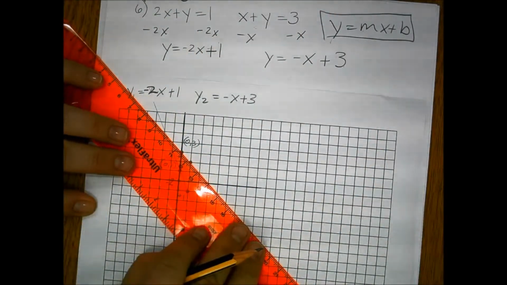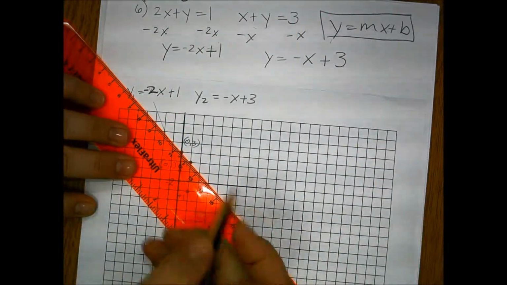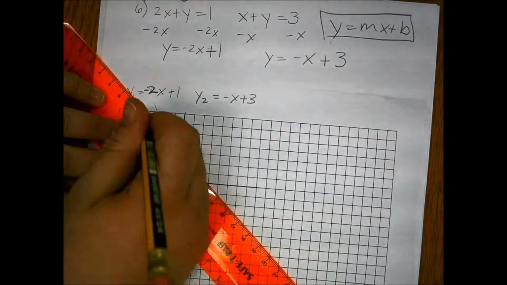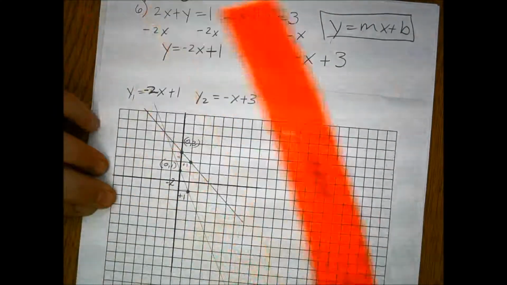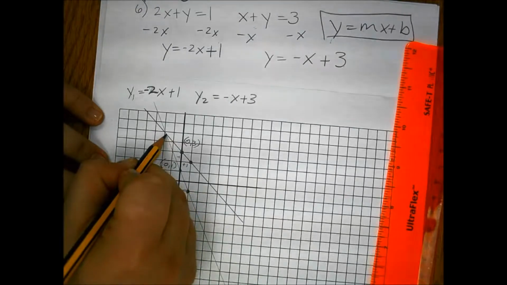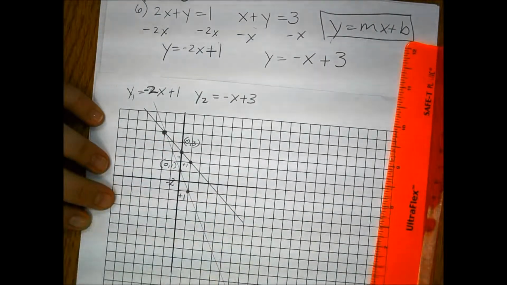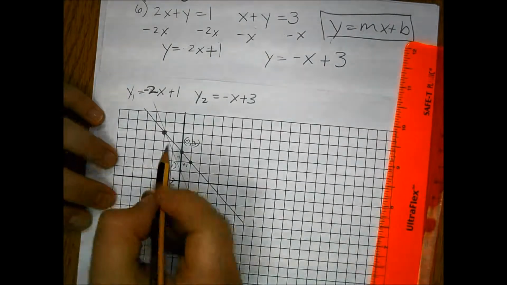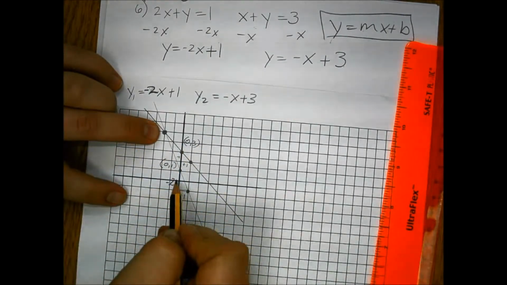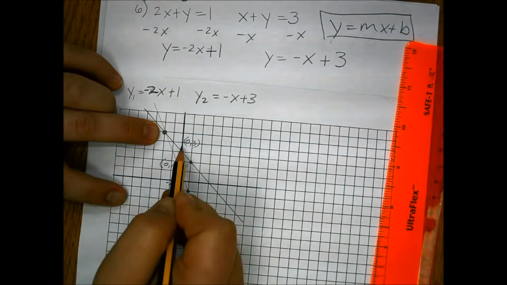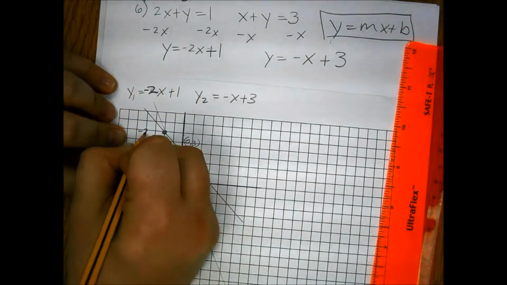Then, just using my ruler, I can right away see my point of intersection. I know it's a little bit off and it looks like it's on that one, but that's probably an error of graphing. So I'm going to choose this as my intersection. This is (1, 2), negative 2, 2, 1, 2, 3, negative 2, 5.